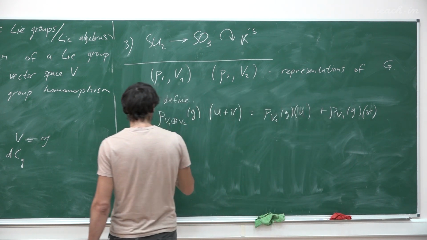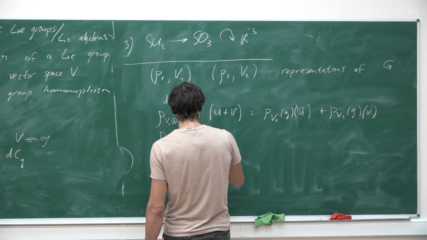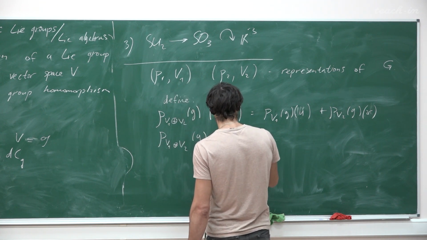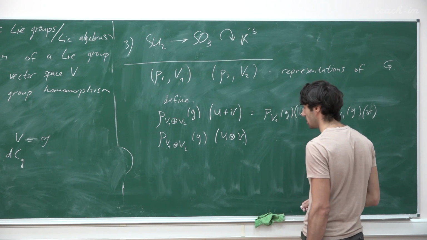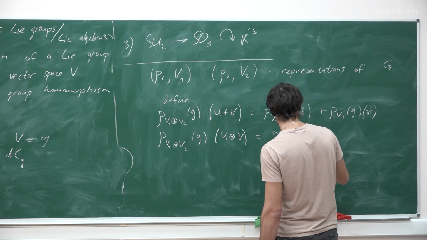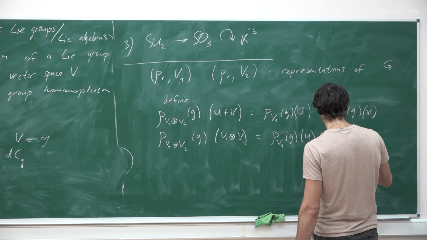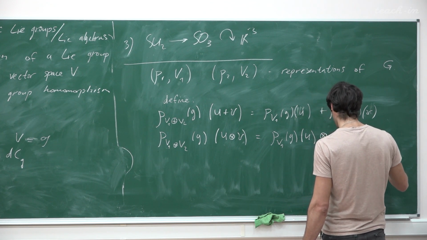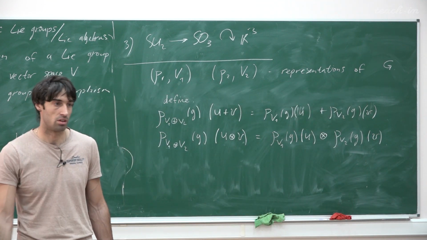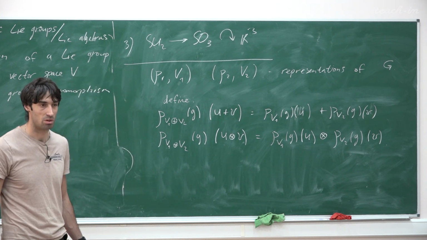This is very easy. Also, we can define an action on tensor product. Let's define it on such a thing. And this is also easy. It's rho V1 of G acting on U, tensor rho V2 of G acting on V. And it's very easy to check that this is a homomorphism of Lie groups.